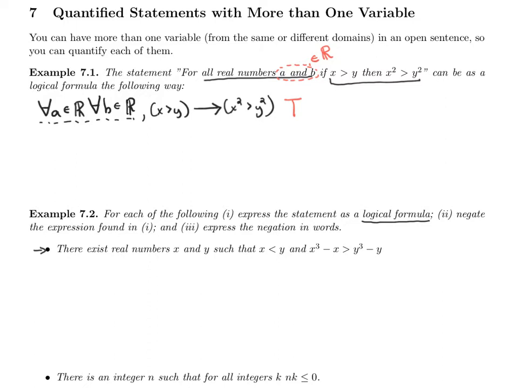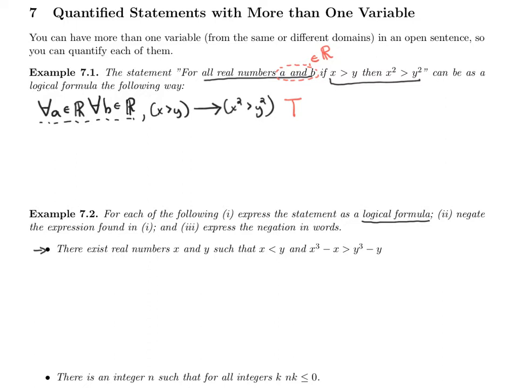So that's a really good exercise. Maybe I'll get you guys to pause the video and at least try the first part. Try to express this statement here. There exist real numbers x and y such that these two things hold: x is less than y, and x cubed minus x is greater than y cubed minus y. So try to express that as a logical formula.